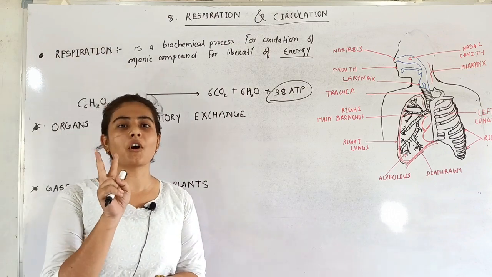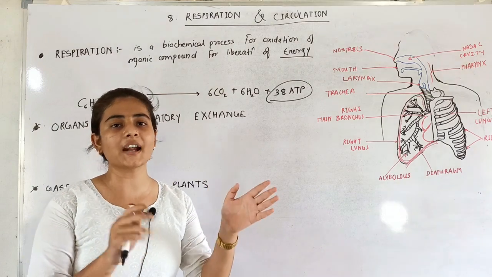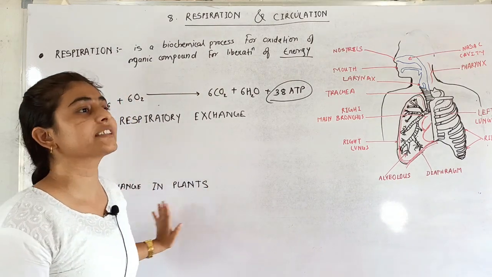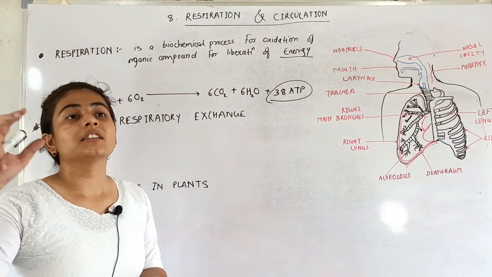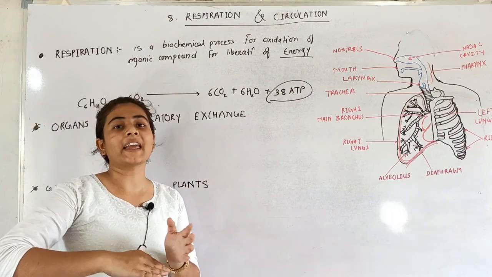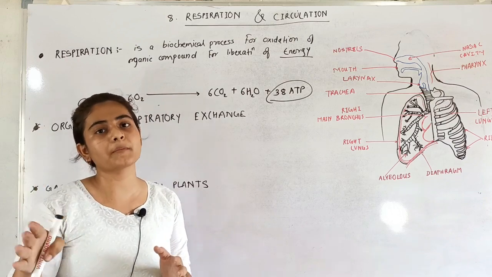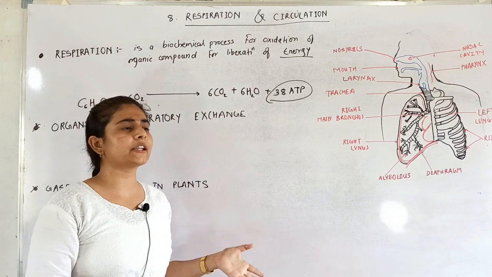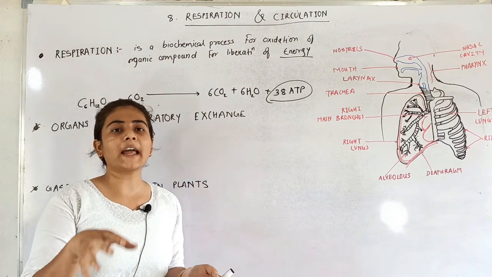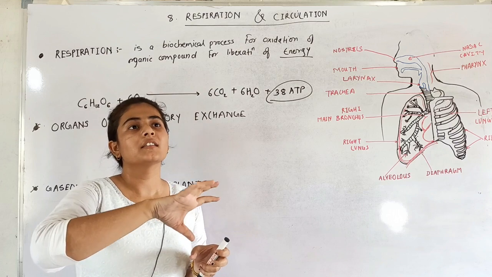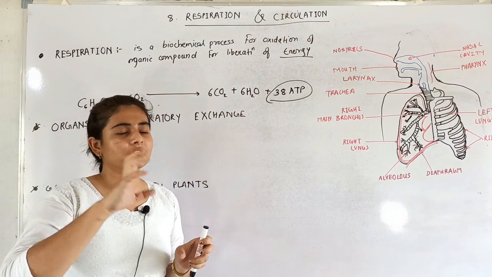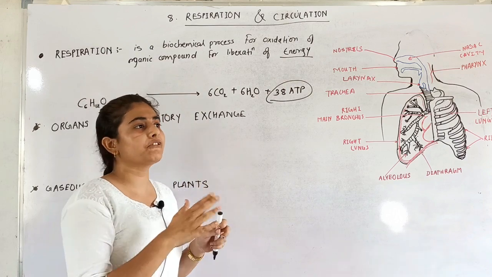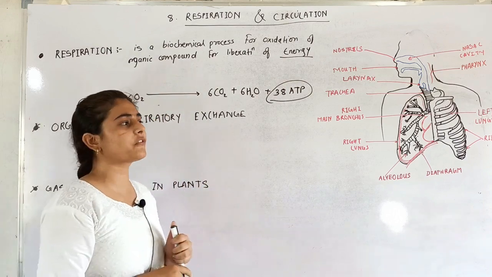Gaseous exchange means the oxygen and carbon dioxide get exchanged from the environment to the body and from the body to the environment. There are varieties of plants, aquatic plants and terrestrial plants, so there are organs only for the exchange of gases. Every plant has a different organ for its exchange of gases.